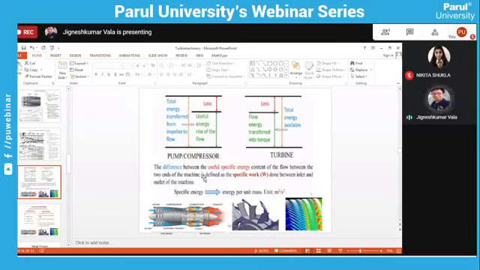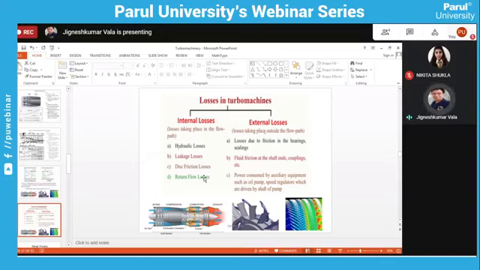The difference between the useful specific energy content of the flow between the two ends of the machine is defined as the specific work, the specific work done between the inlet and outlet of the machine, converted into energy per unit mass.